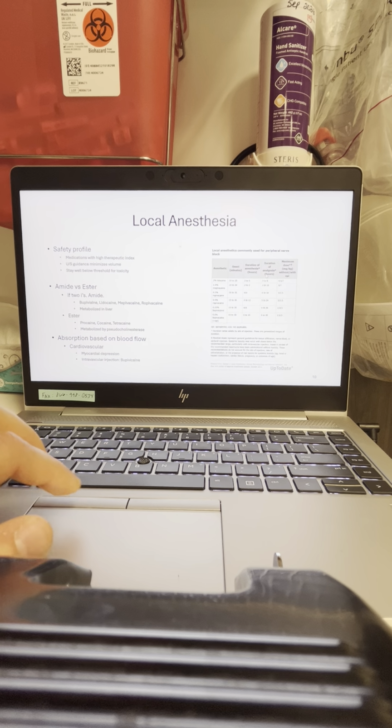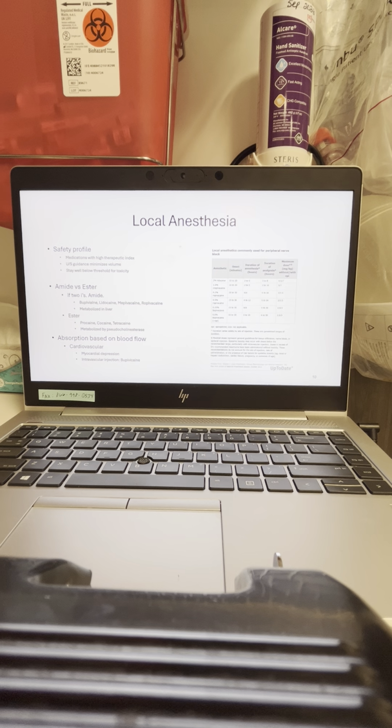And there's a wide variance on duration of how long they work. But essentially, for a spinal, we're going to get usually around 2 hours, like 90 minutes to 150. And then for the nerve blocks, using those, we're going to get 18 to 24 hours.